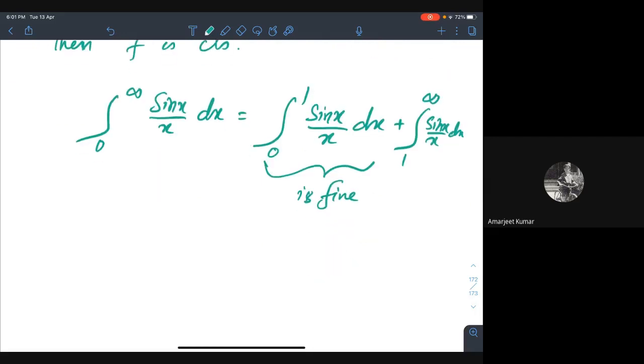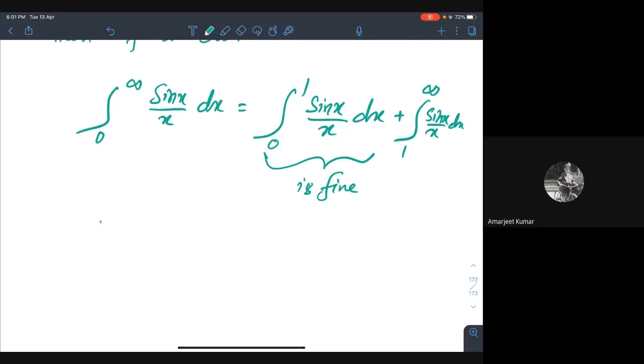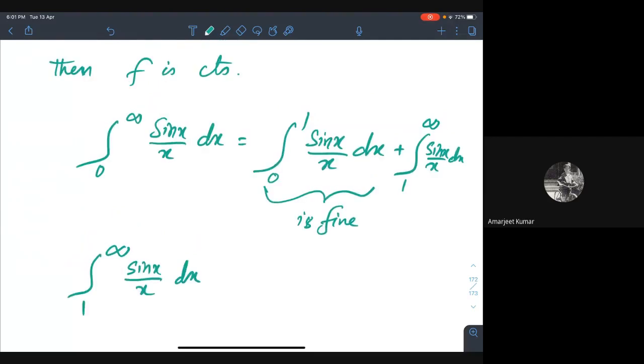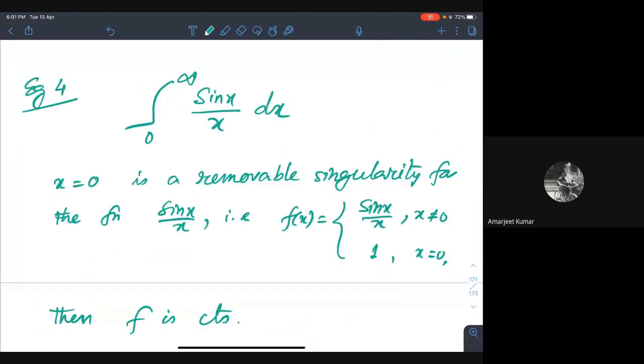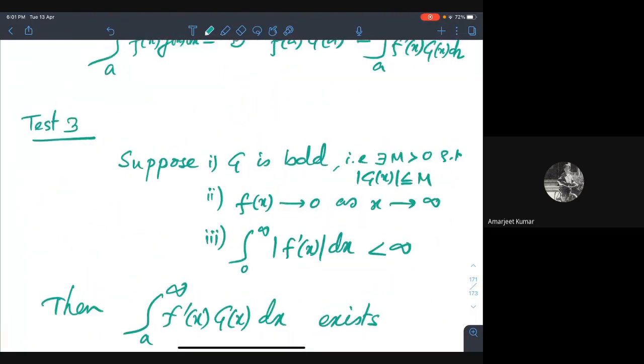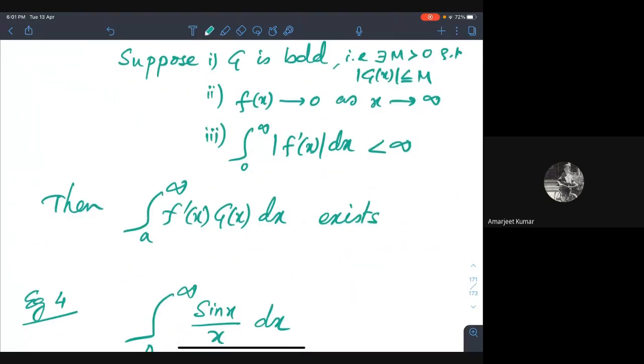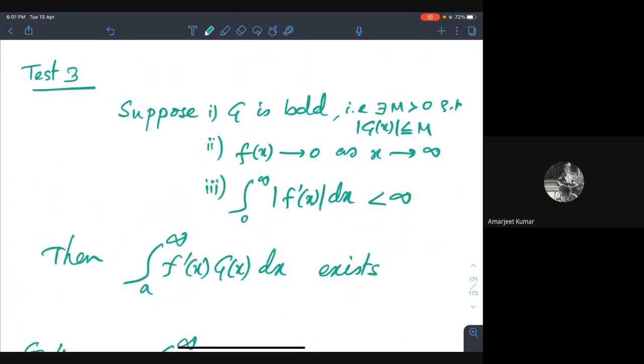I'm not going to evaluate it, but I'm showing that it converges. So look at this one, sin x by x dx, and here we will use test 3.